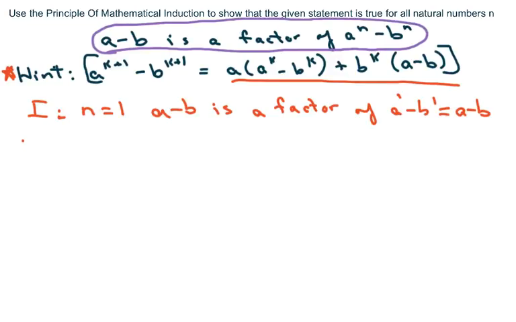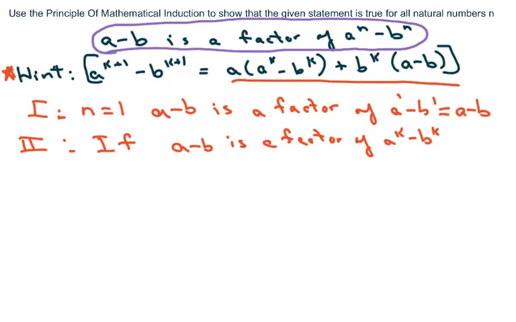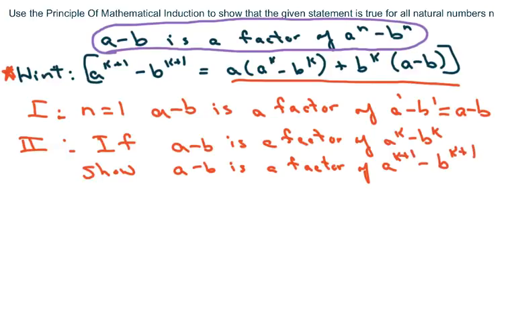Now for condition 2, we have to show that if a minus b is a factor of a to the k minus b to the k, then a minus b is a factor of a to the k plus 1 minus b to the k plus 1.